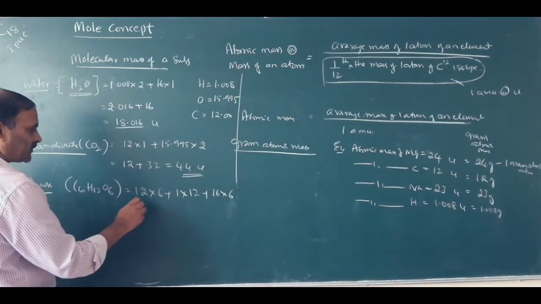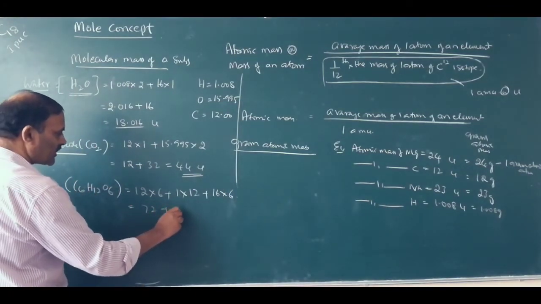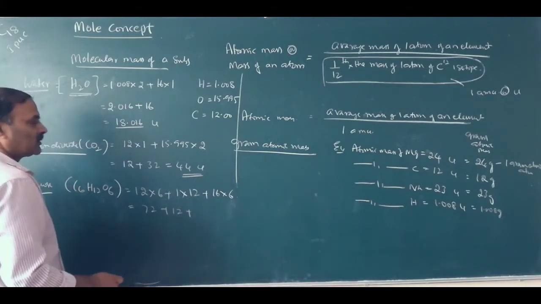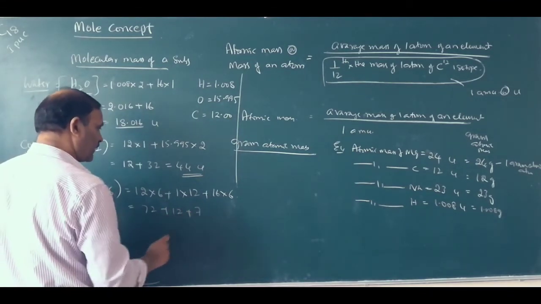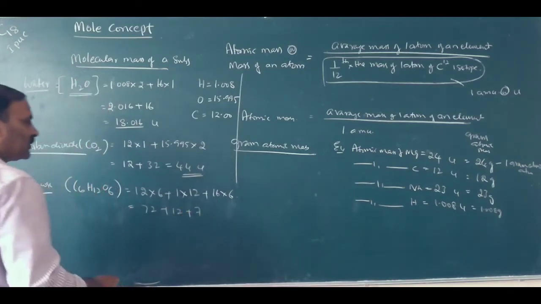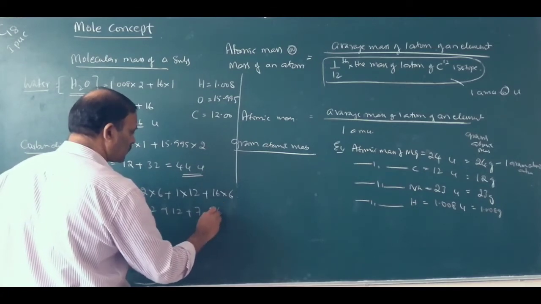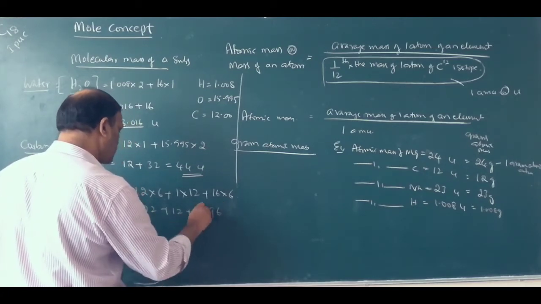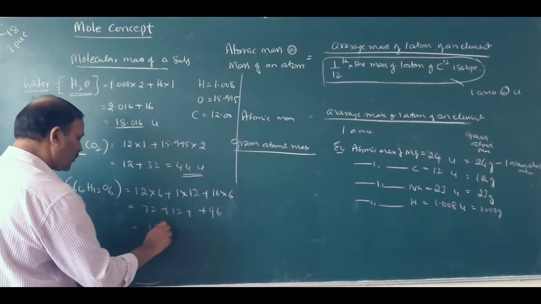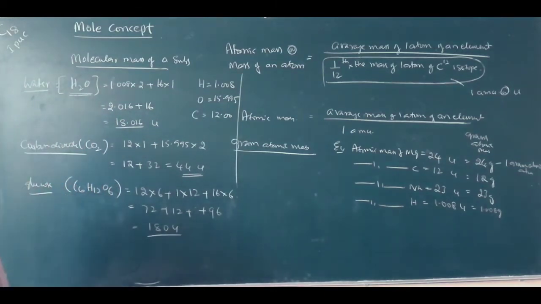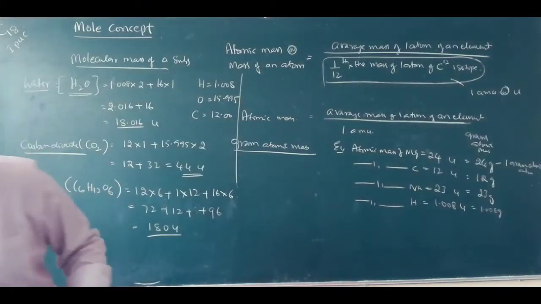So this is 72 plus 12 plus 96, which equals 180 U. This is the molecular mass of glucose. Like that we can determine the molecular mass of any compound.